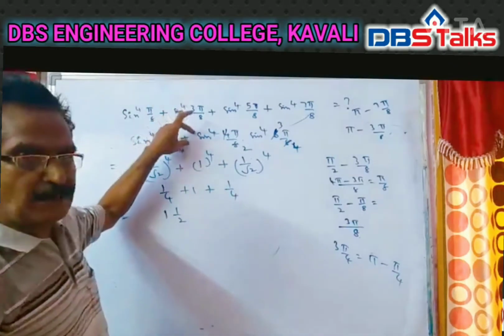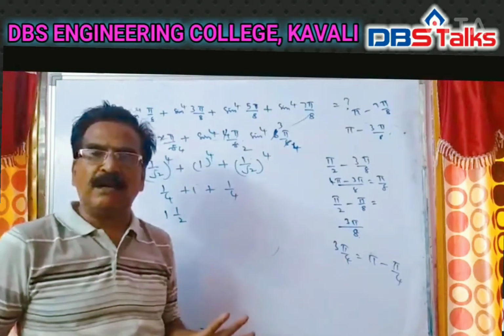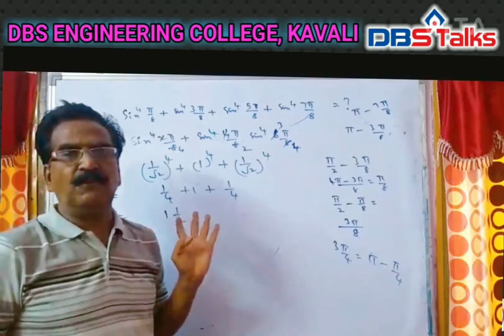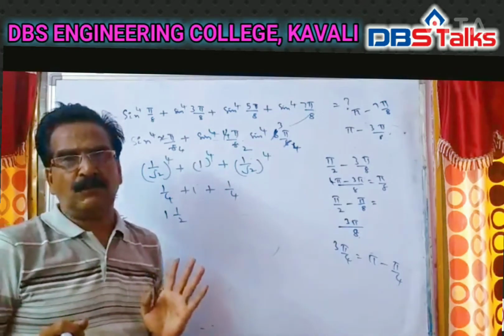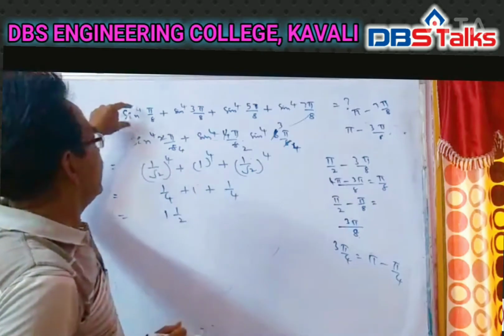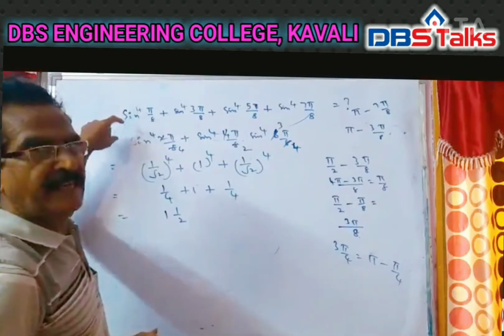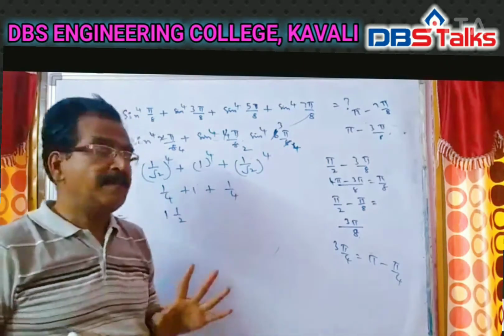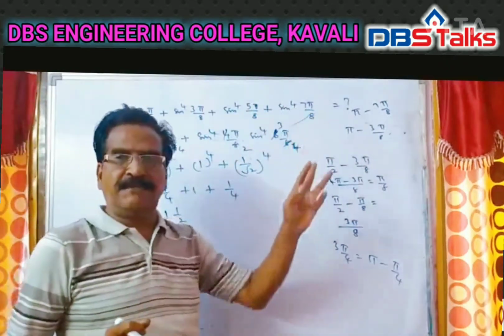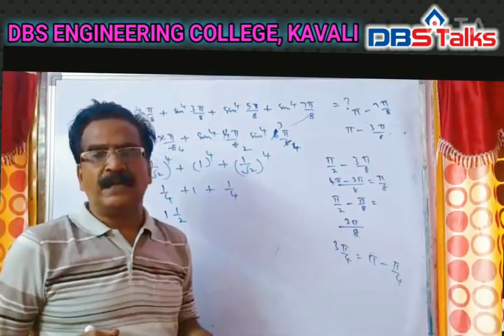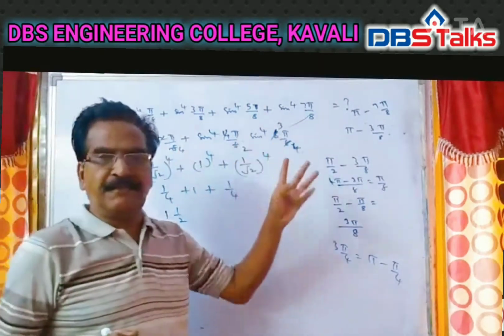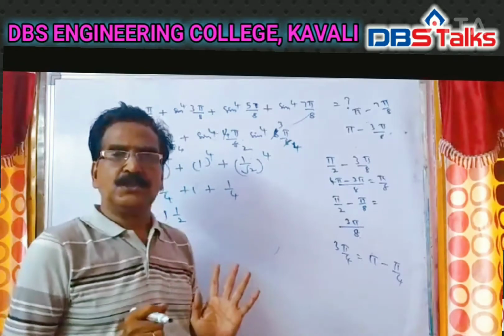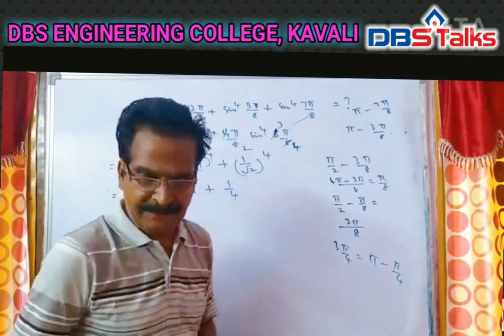The value of the other expression is also 1 and half. So 1 and half plus 1 and half is equal to 3. So if the entire expression is given, the value is 3. If only odd terms are given, your answer is 1 and half. If only even terms are given, your answer is 1 and half. Clear friends?